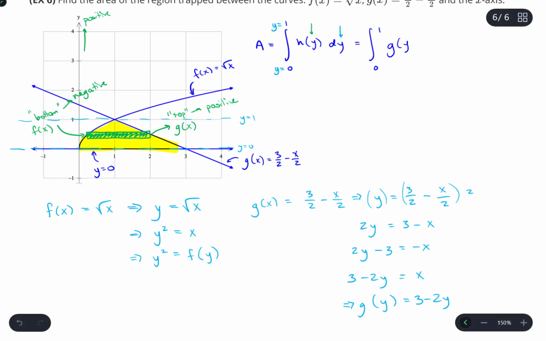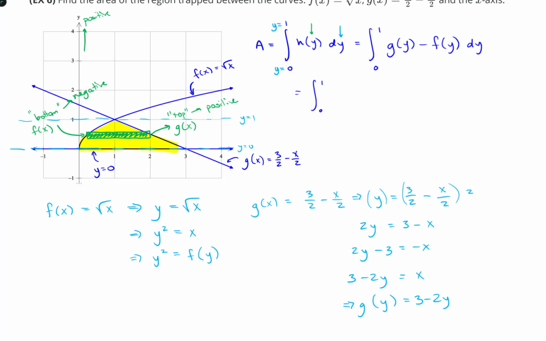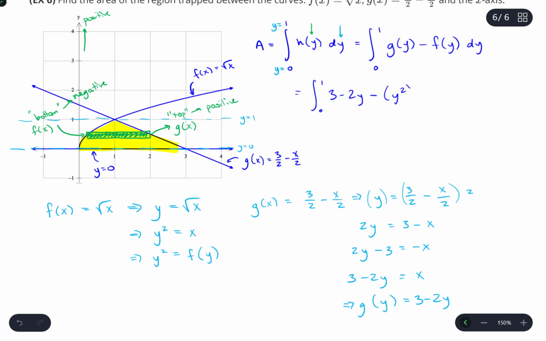So it's going to be g of y minus the most negative, which is f of y, dy, or the integral from 0 to 1 of 3 minus 2y minus y squared. And now I have something that I can actually integrate and come up with an answer.